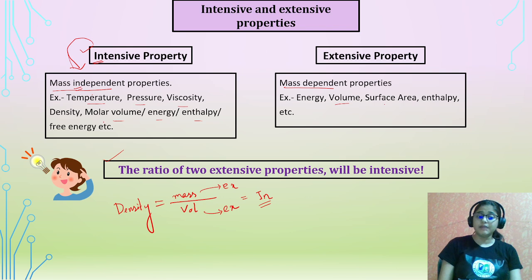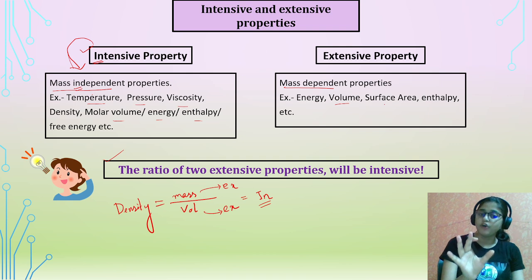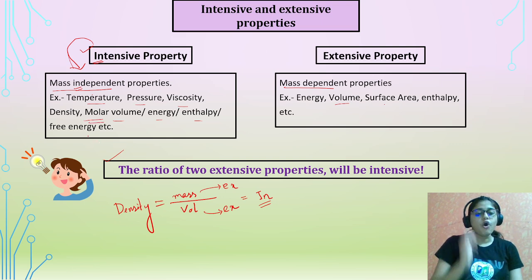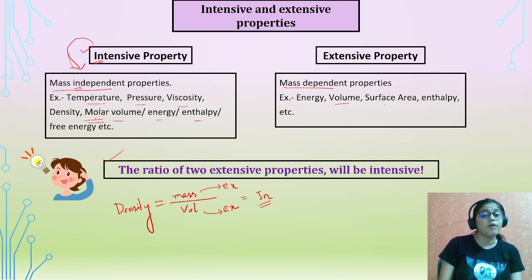Take molar volume: volume is extensive, enthalpy is also an extensive property, and free energy is also an extensive property, which means they depend on mass. But when we take the molar term, all these quantities become independent of mass. How? This is per mole: for 1 mole, the volume.